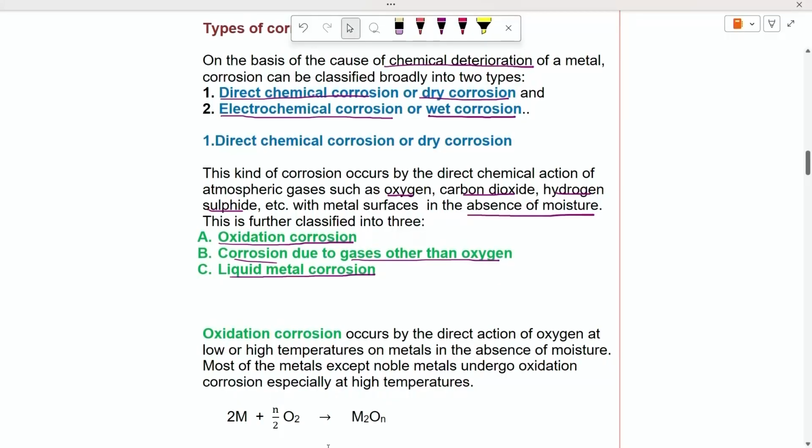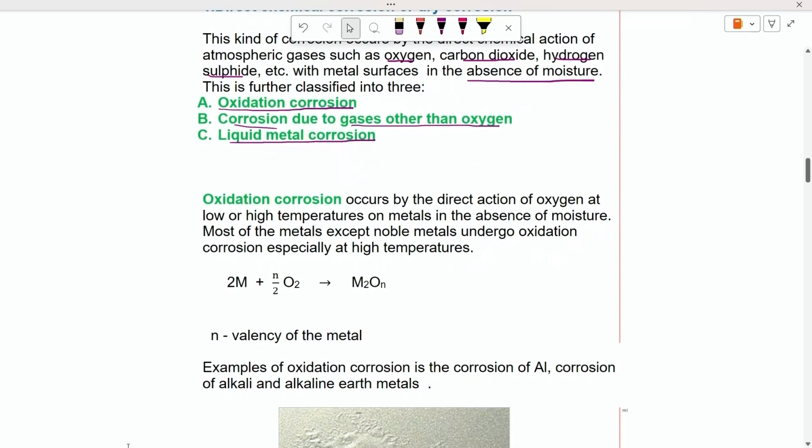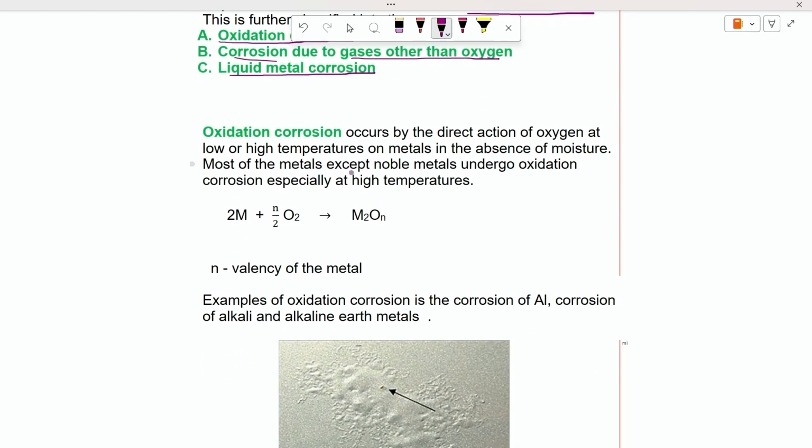We will see them one by one in detail. First one is the oxidation corrosion.